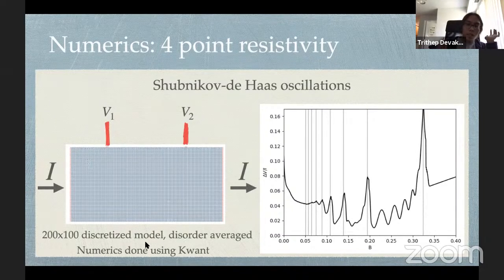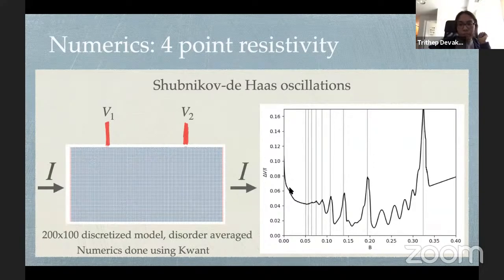Just discretize the model, put it on a lattice, run some current through coming in from the left edge here, and going out through the right edge. And then I attach 2 leads to the top edge here, and I measure the voltage difference across that.